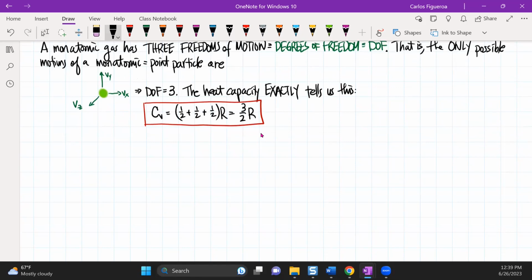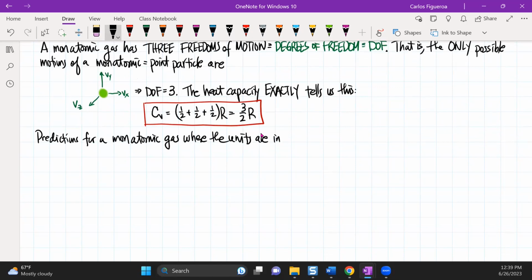So now let's look at the predictions for a monatomic. Remember, if I say the word monatomic, I mean an ideal gas where the units are in, you know what?